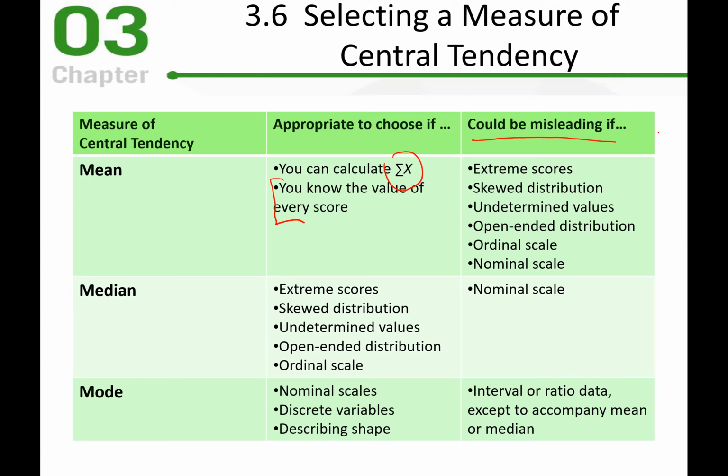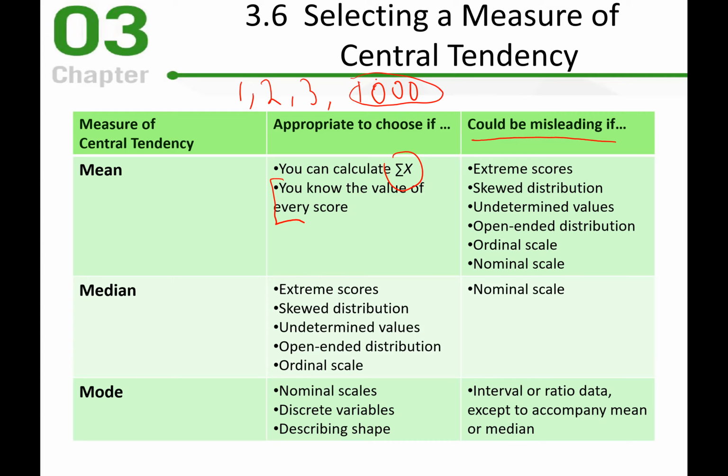It measures central tendency, so it is not a good idea to use the mean if you have extreme scores. Again, if you have 4 scores in your population, 1, 2, 3, and 1,000, that 1,000 is a very extreme score, and it is going to make the mean very, very high.